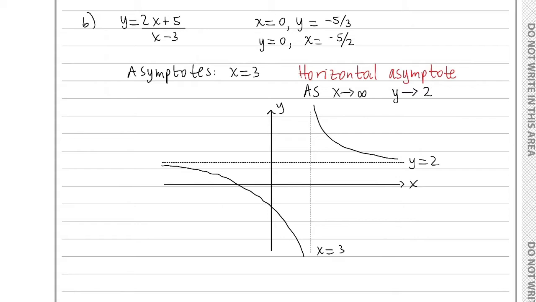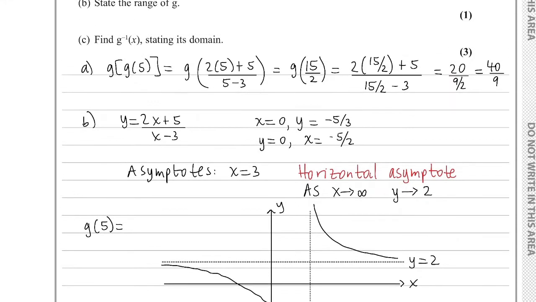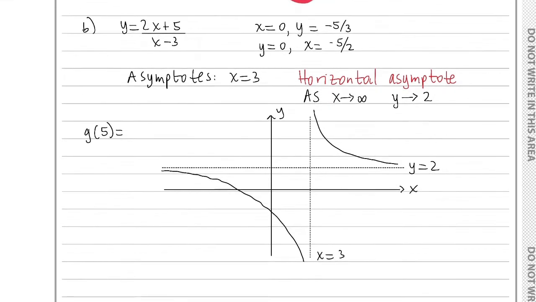And the only thing we haven't really considered is the restriction on x being greater than or equal to 5. We have seen before that g of 5 was simply 15 over 2. So 15 over 2 is the value of y when x is 5, which means that we set off from this point here.